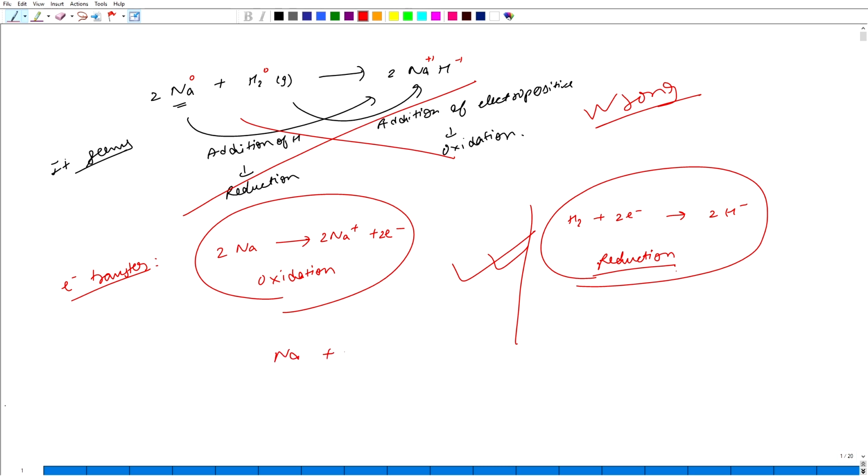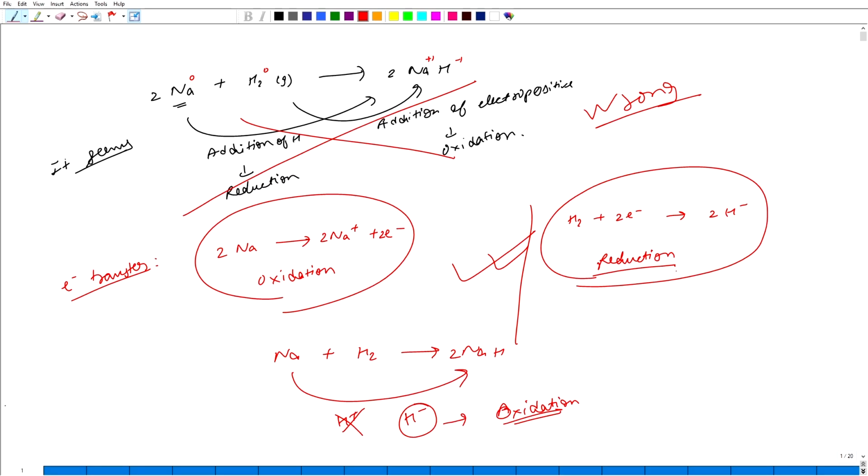If we carefully see the reaction, H plus has not been added to sodium; actually H minus has been added, and H minus, an electronegative element, has been added, and addition of an electronegative element is called oxidation. So, it is better to see the reactions in terms of electron transfer, so that there is no confusion whether there is H plus or H minus.